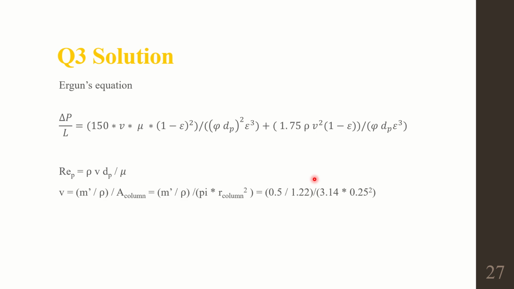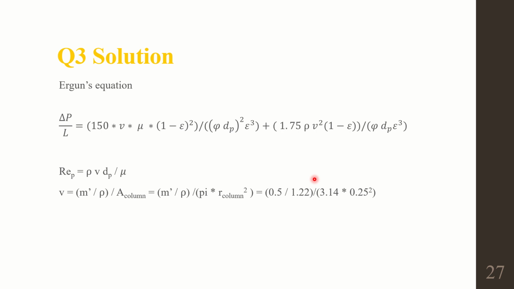So we need to identify what V is here. The mass flow rate is given in kg per second. Mass flow rate divided by density gives the volumetric flow rate, because kg per second divided by kg per meter cube gives meter cube per second.